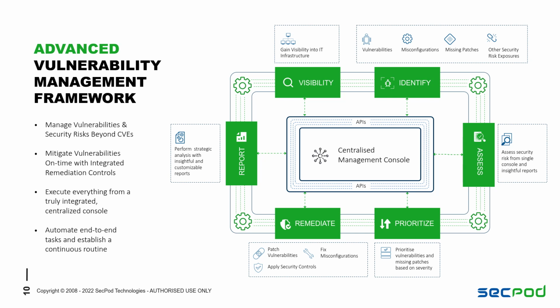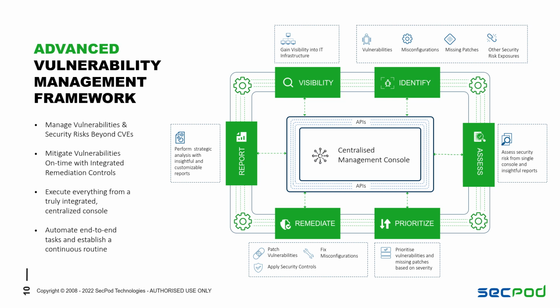And we've also fed in additional external data feeds to help us prioritize those vulnerabilities. Maybe a particular vulnerability is being exploited in the wild. There's an exploit kit that is making use of a particular vulnerability, and that gives the attacker perspective itself. So all of this information will help us prioritize this vulnerability in order to remediate. At the remediation layer, it's about application of the security patches, but also fixing the misconfigurations and applying the security controls that go beyond patching alone.